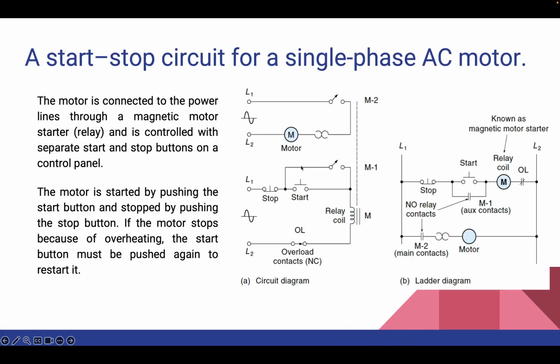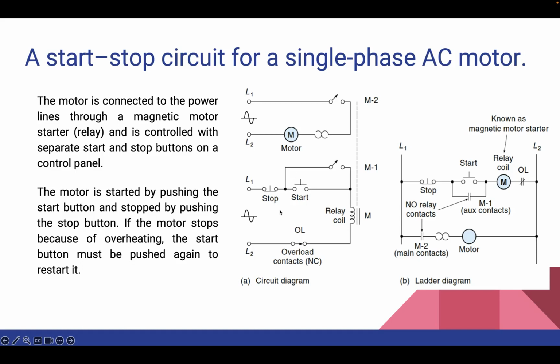Now moving on, we will examine a start-stop circuit for a single-phase AC motor. In this circuit, we have the stop and start buttons. The stop button is normally closed while the start button is normally open. This is the symbol for the normally open switch.